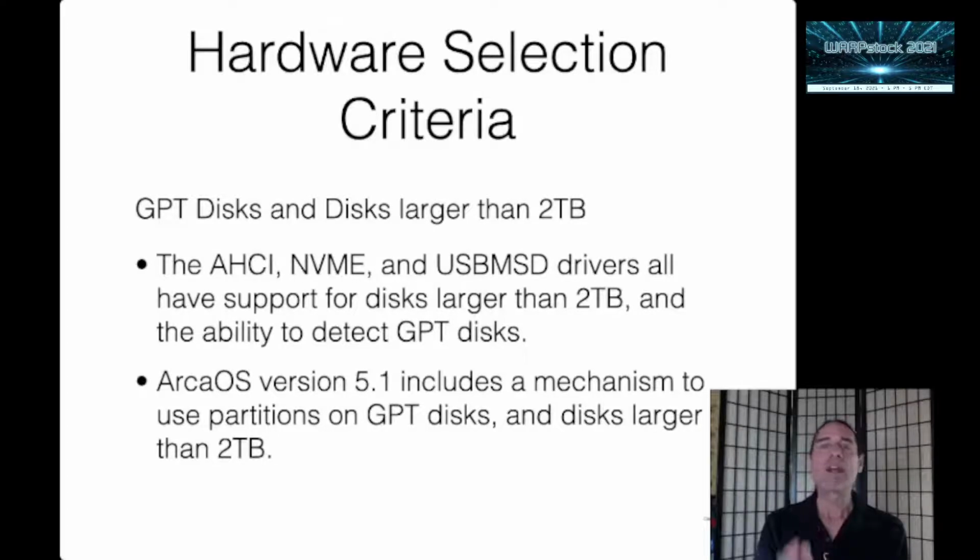This is a great approach because it means that most regular OS2 stuff is just going to work, and it won't even know the difference. So once you have your system set up, it should just work, regardless of what kind of disk or disks you have. So if you choose a system with a big disk, you're going to need ArcaOS 5.1.